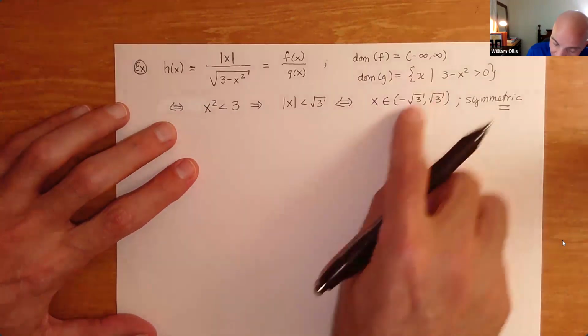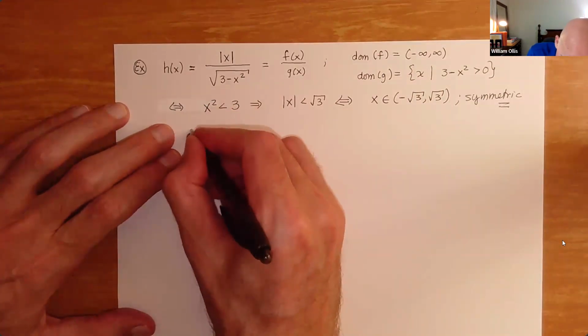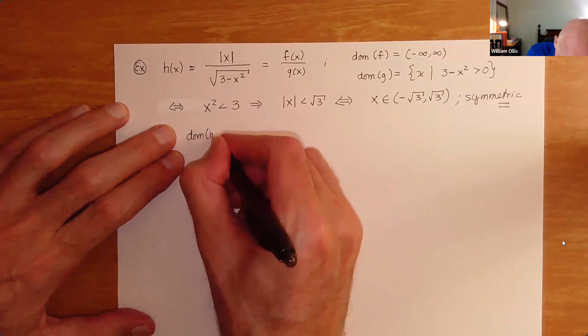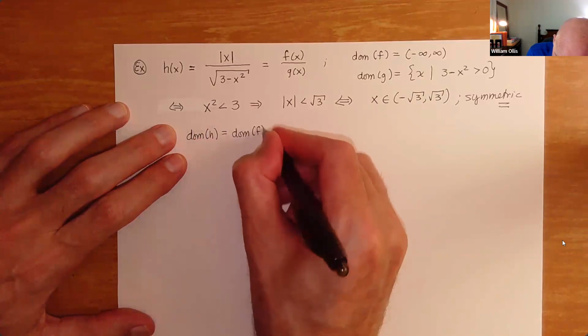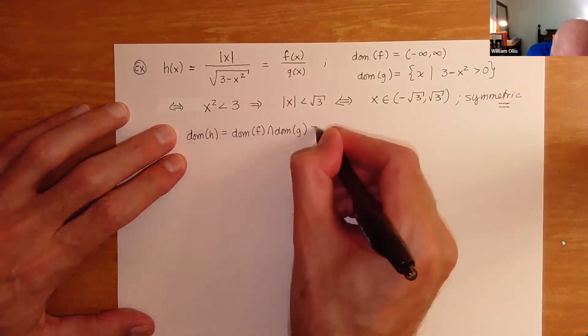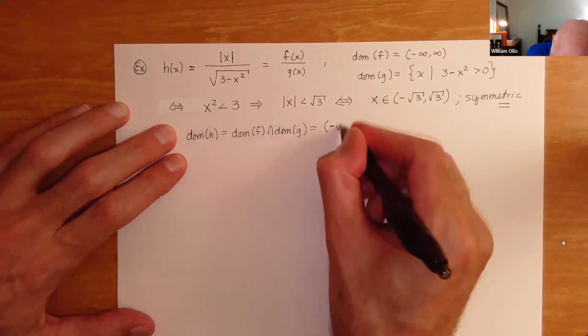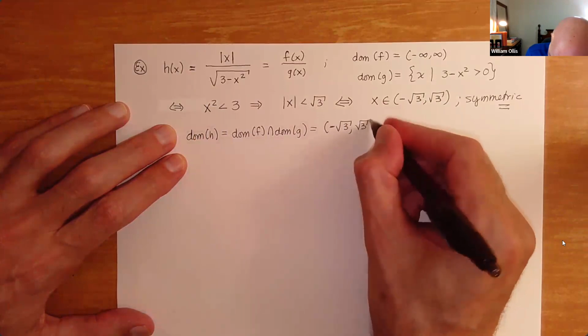Now, when we take the intersection of these two, we just get that. The domain of h will be the intersection of the domain of f and the domain of g, which will just give us negative root 3, the additive inverse of root 3, to root 3.